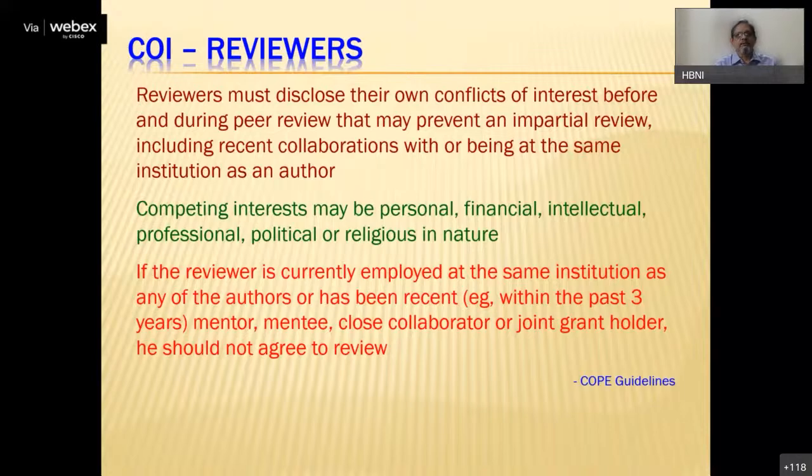Anything can happen. So, for example, if the reviewer is currently employed at the same institution as any of the authors of that submitted manuscript, or has been a recent mentor during the last 3 years, or a mentee, or a close collaborator, or even a joint grant holder with that particular author or set of authors, he should not in principle agree to review the manuscript.